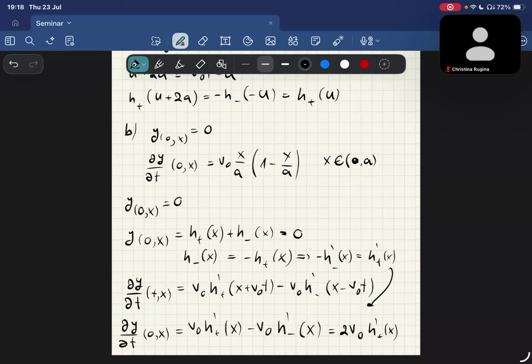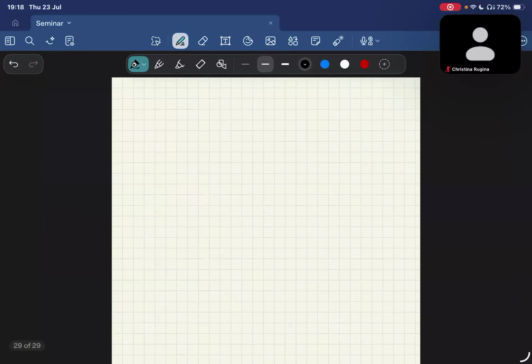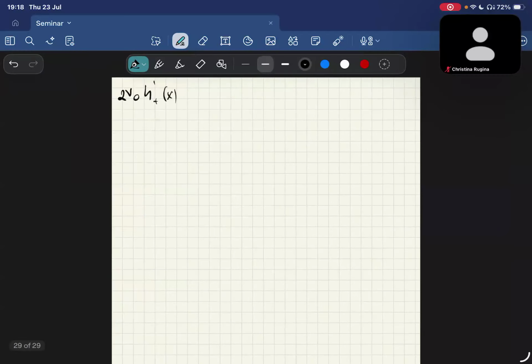Now we have the general solution when t is equal to 0, and we make it equal to this initial function that we know. So 2v0 h plus prime of x is equal to v0 x over a multiplied by 1 minus x over a.